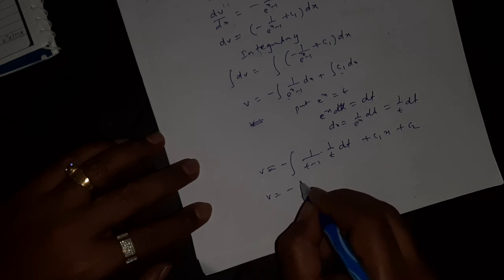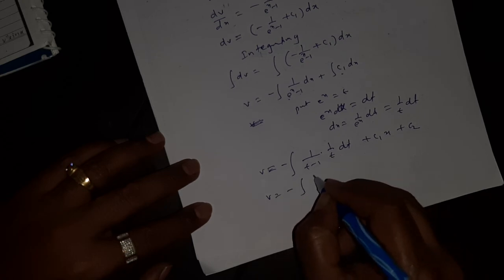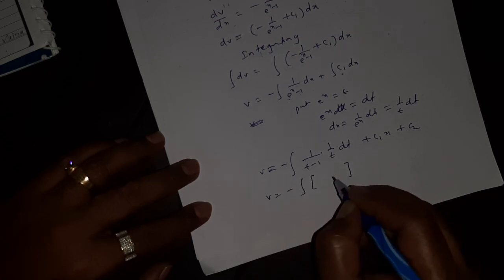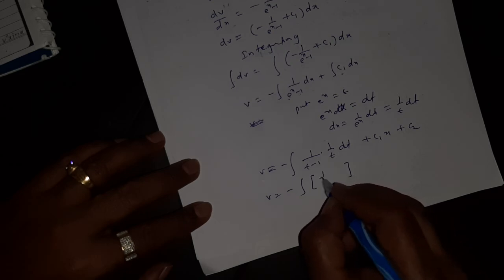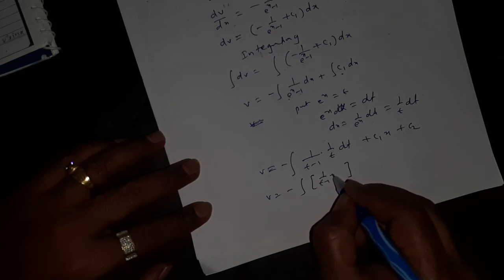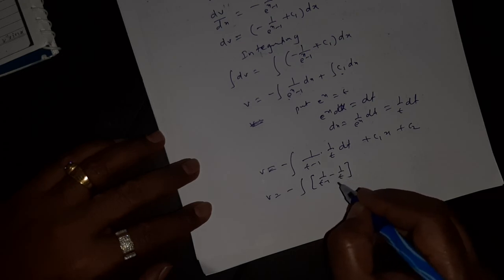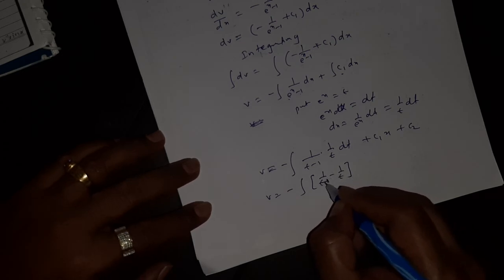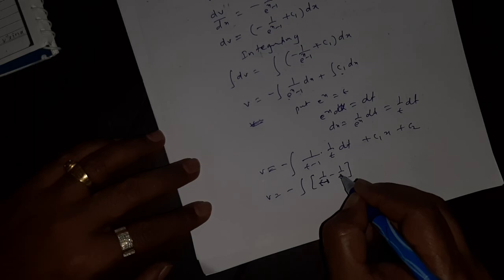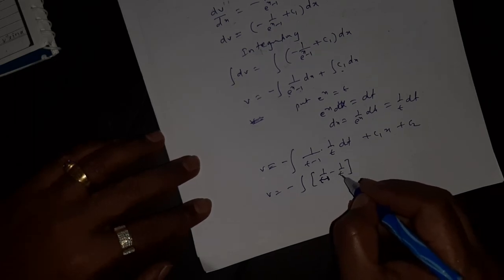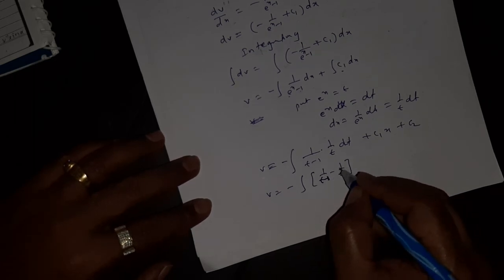Okay, so we solve this integration by using partial fractions. So what are the factors? These are the factors: 1 by t minus 1 minus 1 by t, so t minus t plus 1.